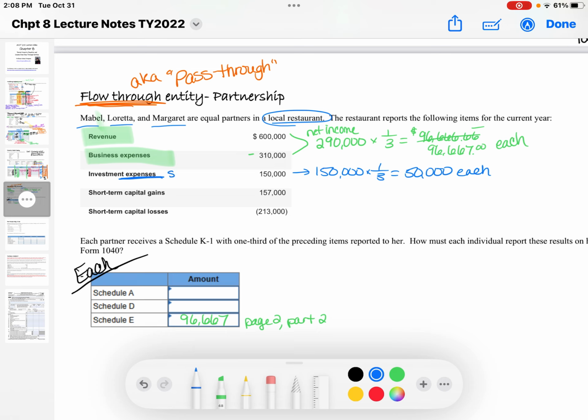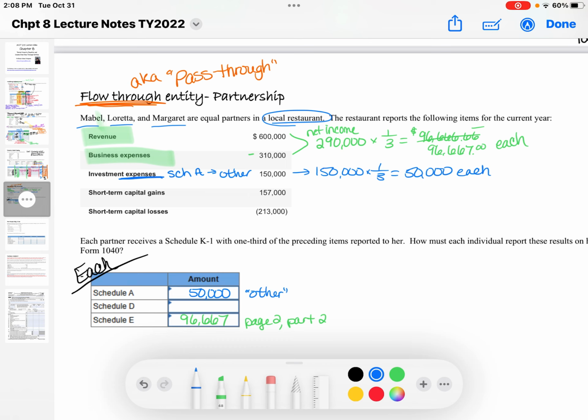Here's what we know about investment expenses. They go on the Schedule A under miscellaneous, or actually not miscellaneous, I'm sorry, other. It's called other. So we could put it under that other deduction at the very bottom, and it'd be $50,000. And I'll put that in here. Other. I don't have a line number on that right now.